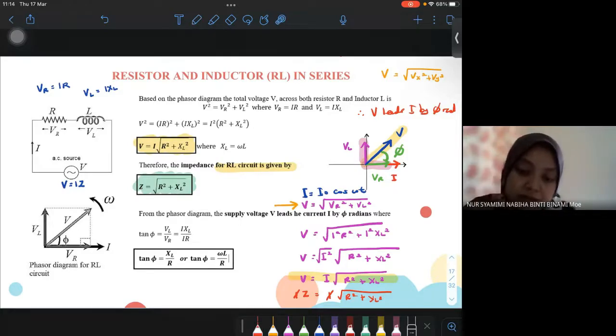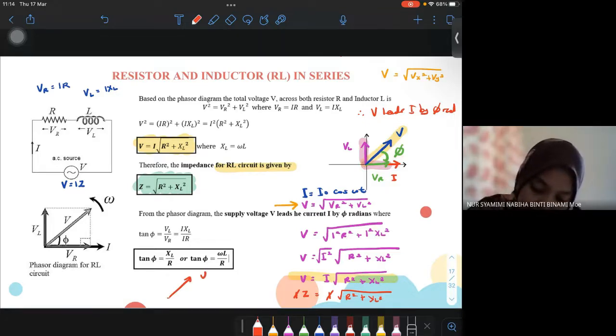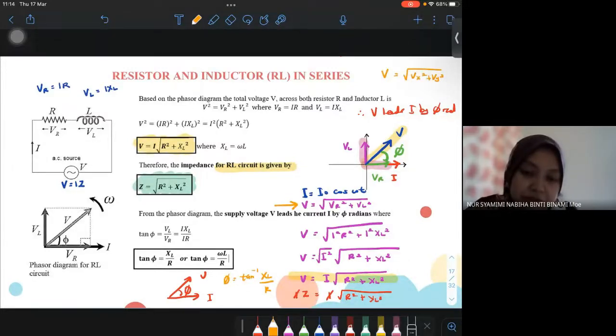Okay, sebab V yang dahulu sebelum I. Okay, macam mana saya nak kira phi tersebut? So disebabkan V dekat sini, I dekat sini, phi berada di sini. So we can use shift tangent. Tan phi is equals to opposite ialah XL over adjacent is R. So kita akan dapat phi is equals to shift tangent XL over R.